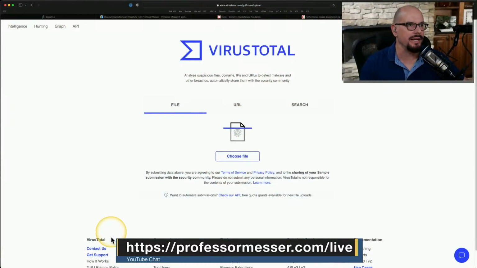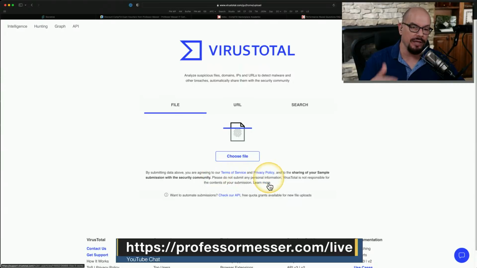The one that I always go to, and I think the industry goes here as well, is VirusTotal. VirusTotal is a site where you can upload a file. It will run it through all of the most well-known virus scanners, and it will give you a result.